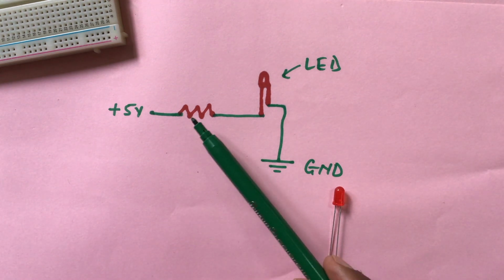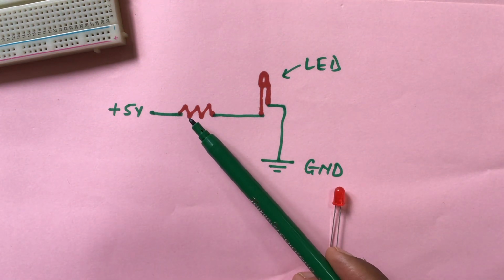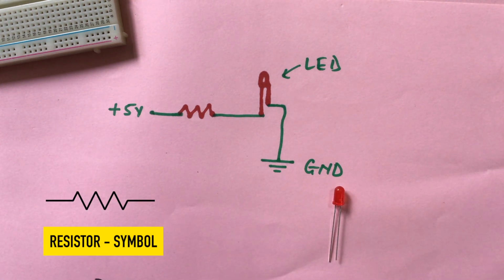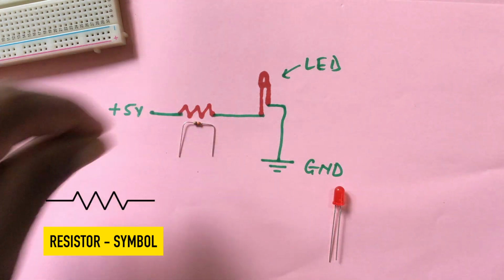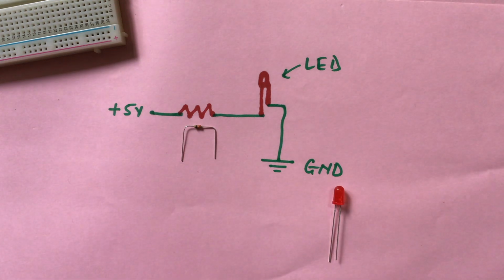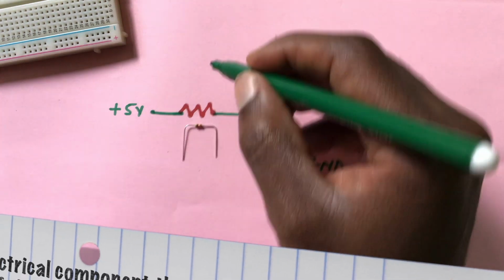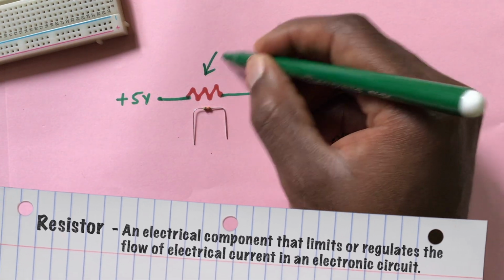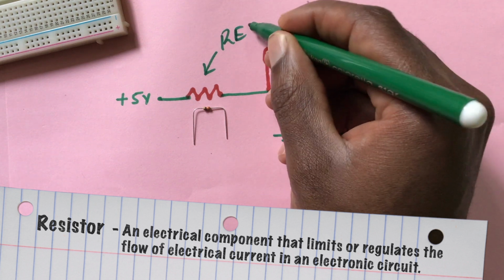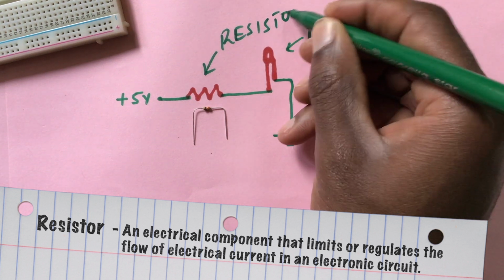You will notice that I have drawn a certain zigzag diagram. This diagram represents the resistor, and that's the next thing we're going to talk about. So I want to name it as a resistor.